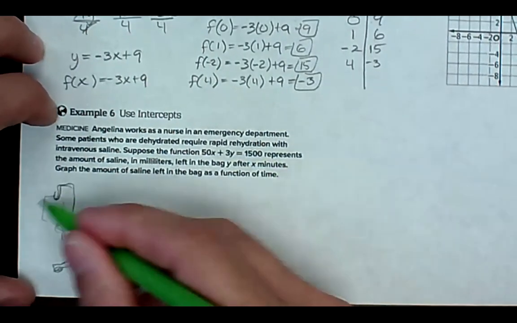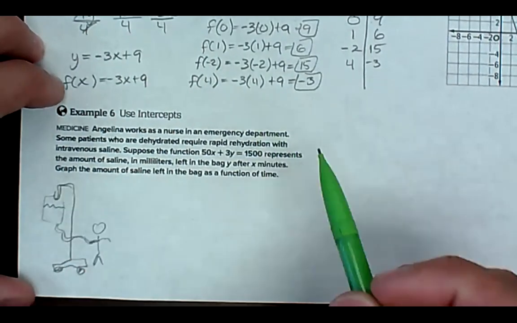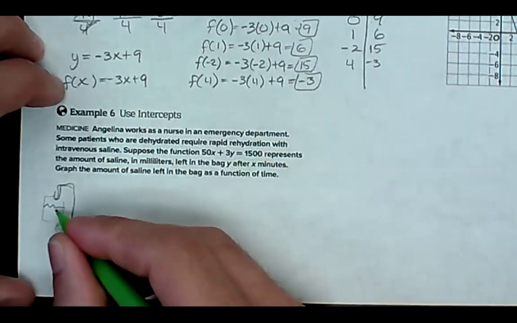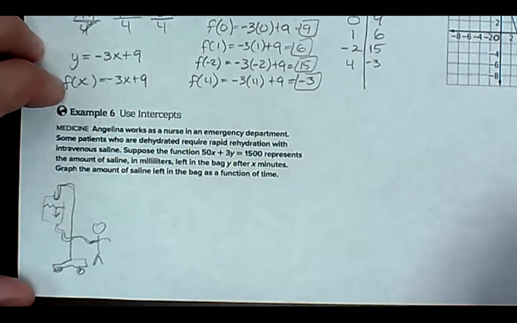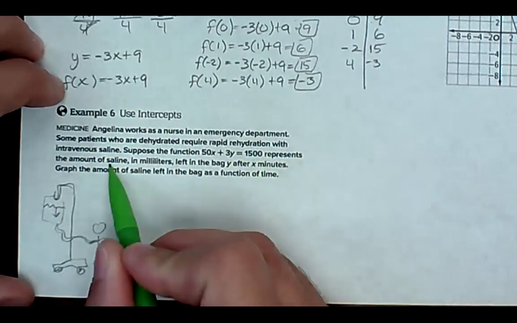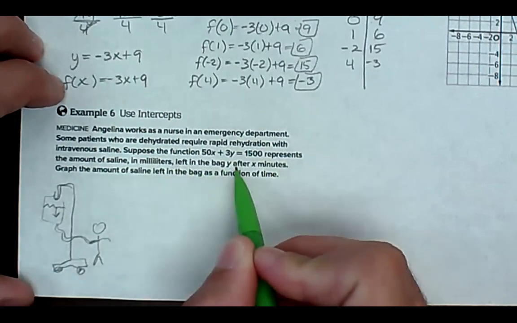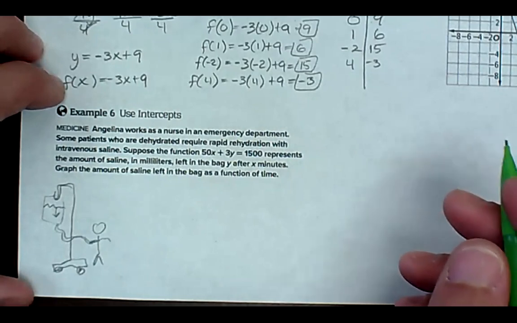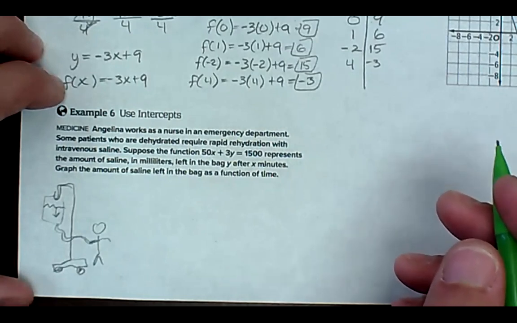So what's happening here is that this liquid is being pumped into you, so it's going down. The equation will tell you how much saline is left in the bag after x minutes. So the more minutes that go by, the less liquid is in this bag, right? That's pretty much it. So right now we're going to be graphing the amount of saline left in the bag as a function of time.